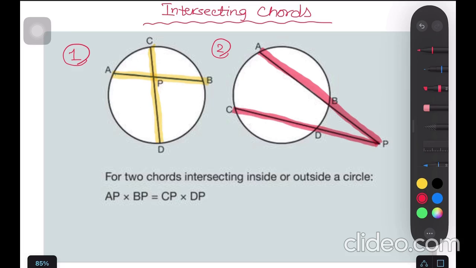This theorem says that if there are two chords intersecting inside the circle, they get divided into some parts.